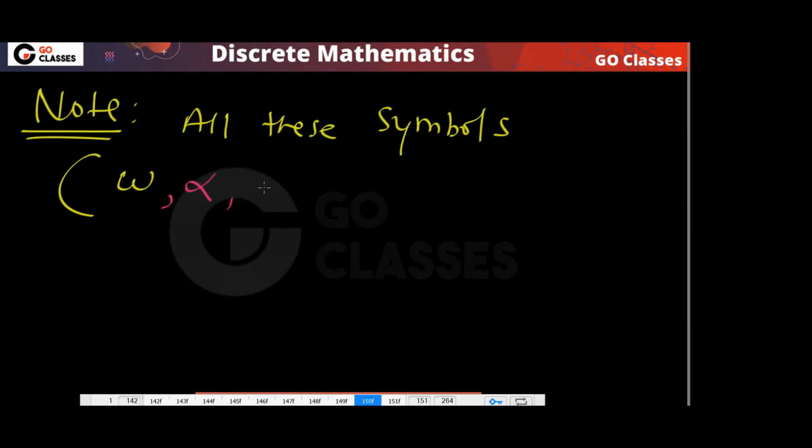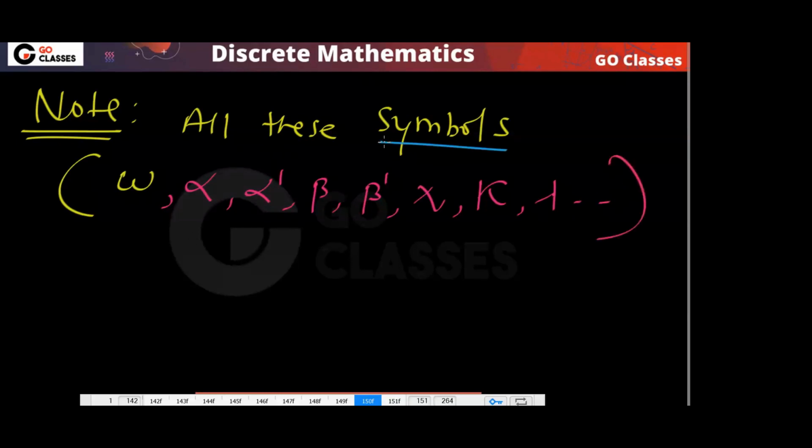This is the matching, the edge independent set. This is the vertex cover, the edge cover, the chromatic number, the vertex connectivity number, and the edge connectivity number.